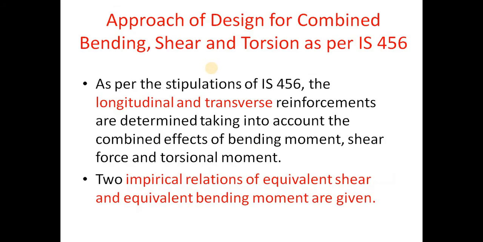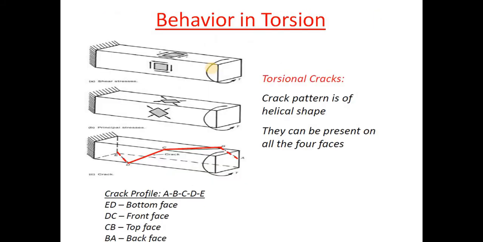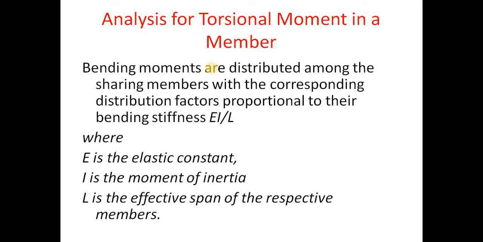Approach of design for combined bending, shear and torsion as per IS 456. So as per IS 456, how to design? Actually, we have studied how the member behaves in torsion. You can see the sequence: how the member behaves in torsion, and after that, how to analyze the torsional moment in any member. So we have studied how to analyze it.